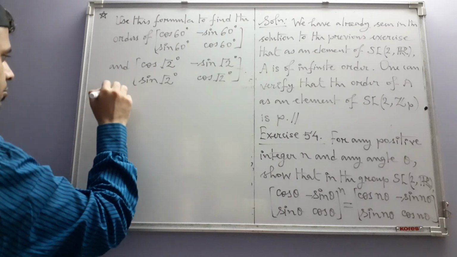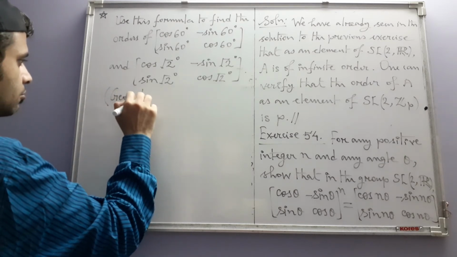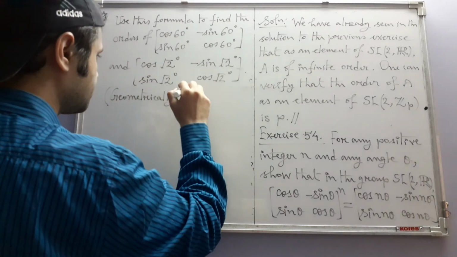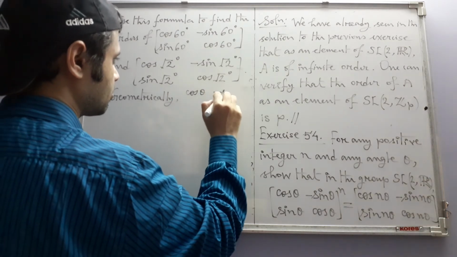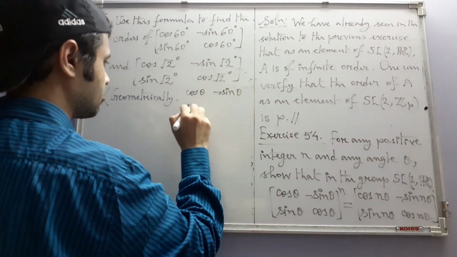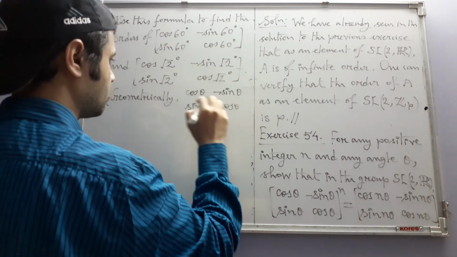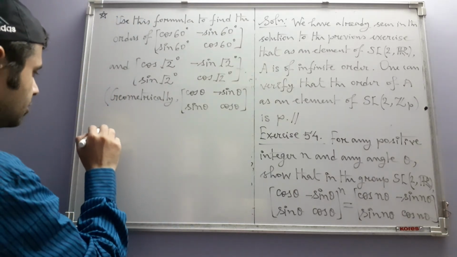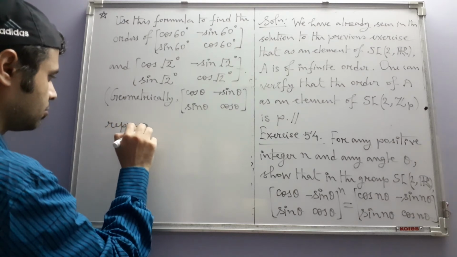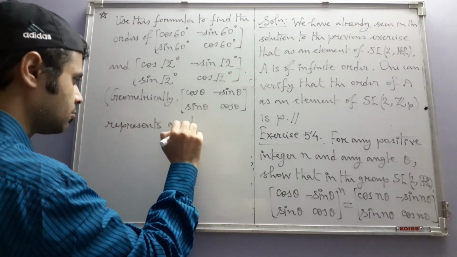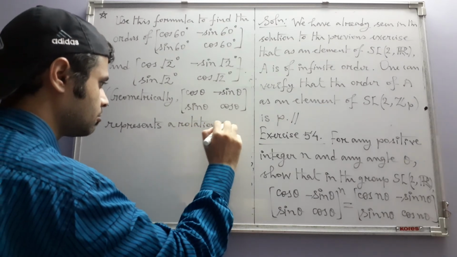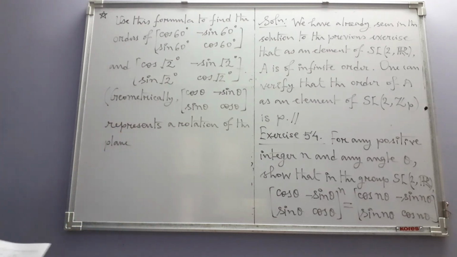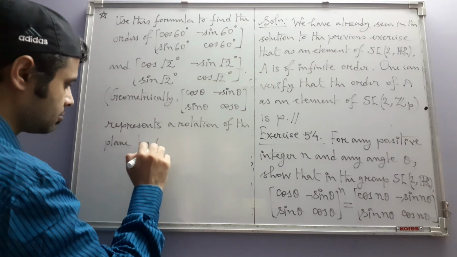Geometrically, this matrix represents a rotation of the plane by theta degrees.